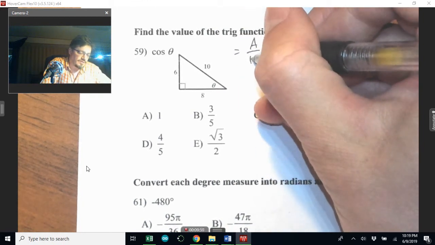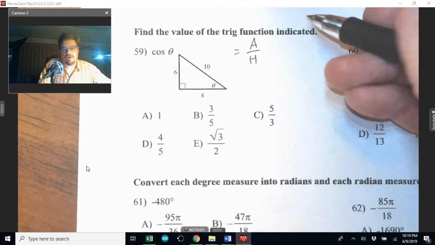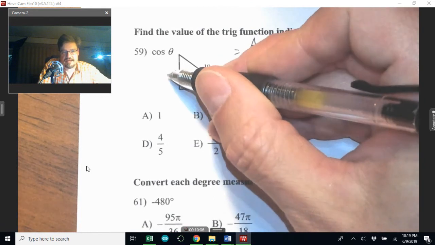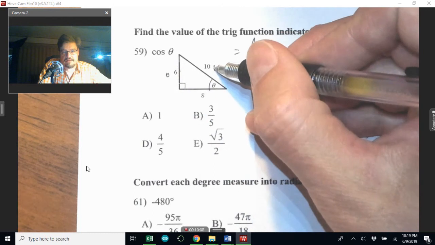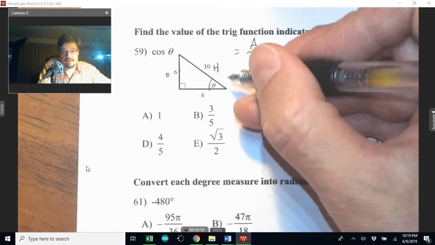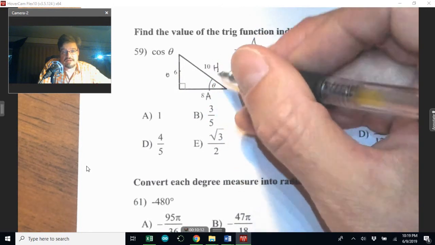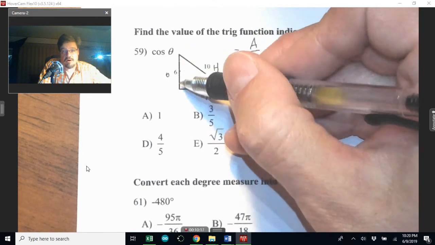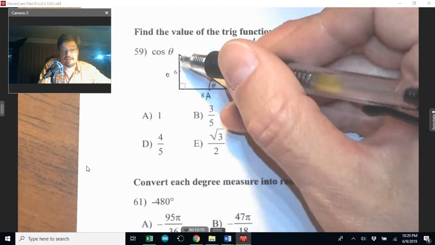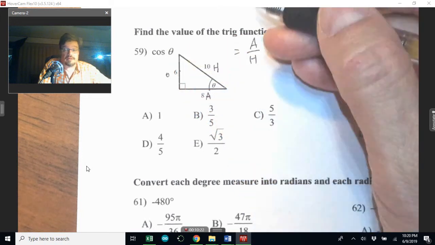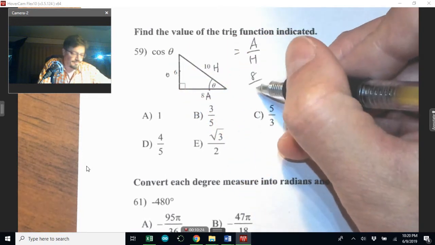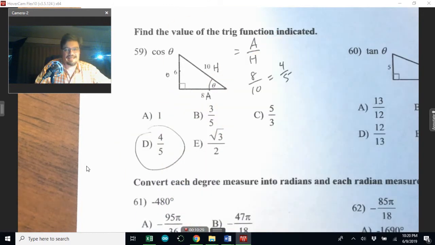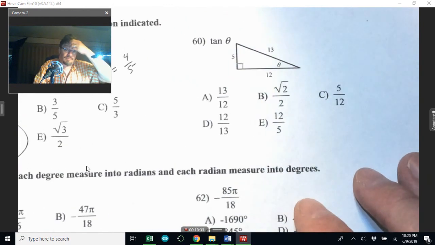Cosine is defined as A over H, so if I'm looking from theta here, the opposite side is 6, the hypotenuse is this 10 over here, and this 8 is the adjacent because it's touching the angle that you are looking from, and O is not touching the angle at all. That's the opposite. So it looks like I just have 8 over 10, and that can be reduced to 4 over 5. So that's D.